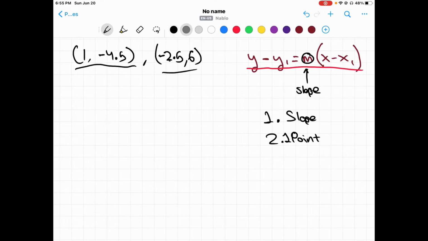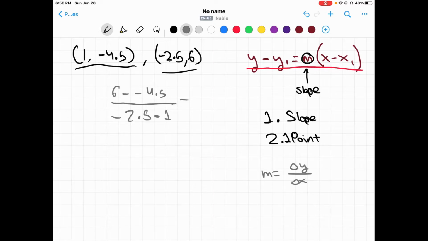Now, first of all, let's find the slope of these 2 points. So, remember, the slope equals change in y over change in x, so let's go ahead and do that. So 6 minus negative 4.5 over negative 2.5 minus 1.